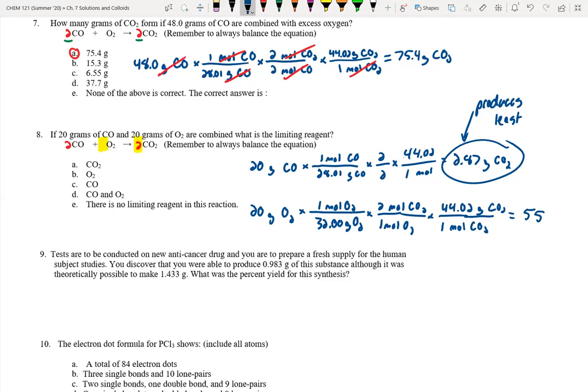Which means that this starting amount of CO is going to really limit the amount of product we can make, right? So in this case, I would immediately circle CO as my limiting reactant. It's the thing limiting the amount of CO2 we can make. We're going to max out at 2.87 grams. We don't have enough to produce any more than that.